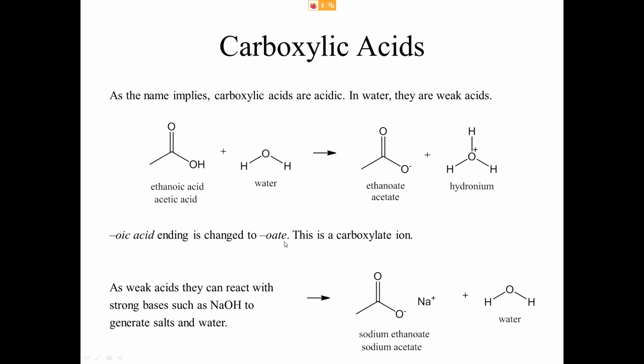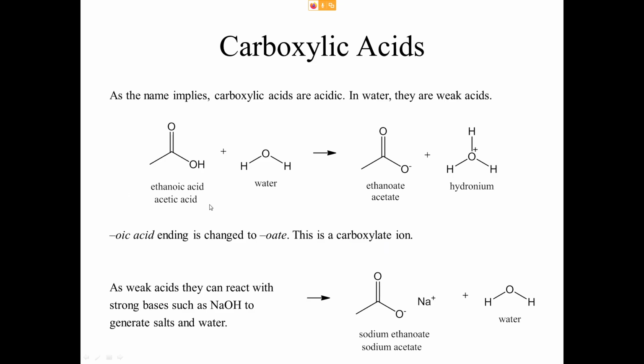And you did this last semester as well. When you had acids and they lost their protons, they took on the names of -ide. So hydrochloric acid, when it lost its proton, you had chlorides. When you were done, instead of chlorine, we changed the ending. So same type of thing. We changed the ending from -oic acid to -oate. So it's called a carboxylate now.